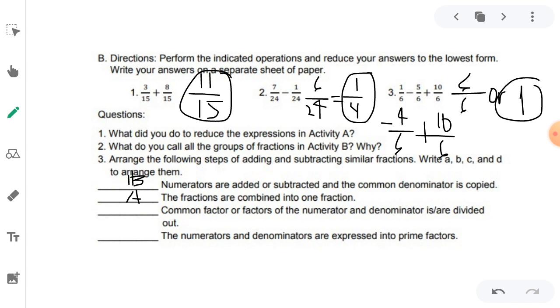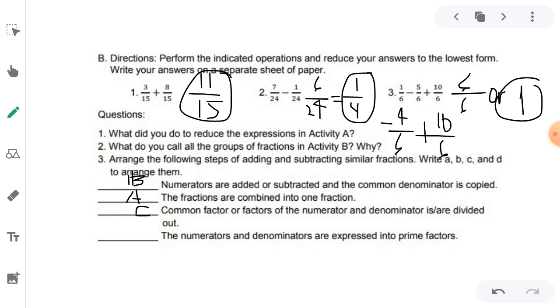So, how about the next step or the third step? After adding and subtracting the numerators and copying the denominator, we need to have the common factor or factors of the numerator and the denominator, which we are going to divide out. So, this is the third step.